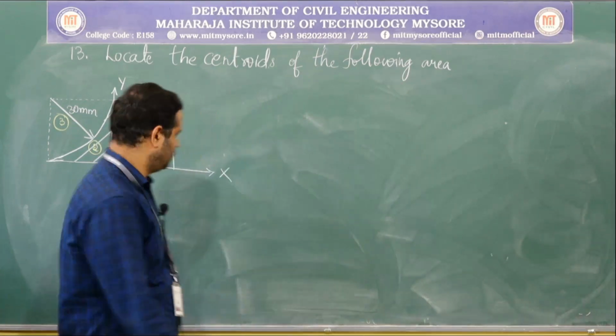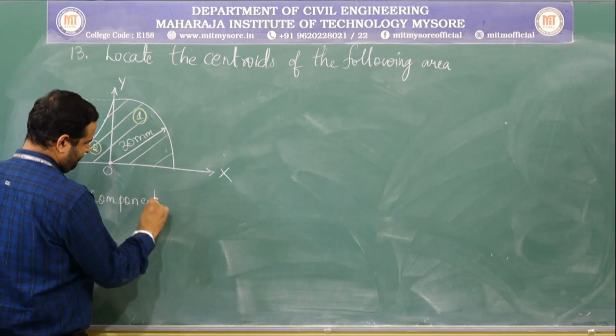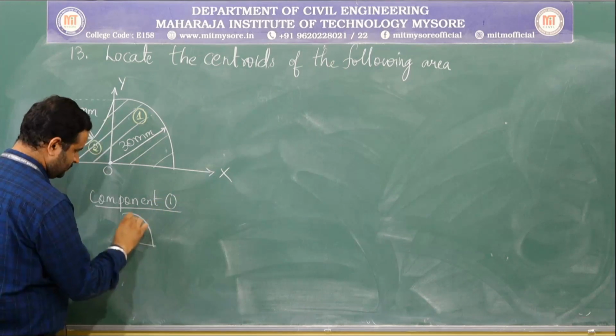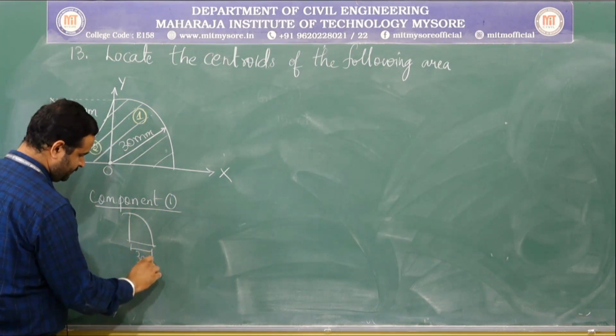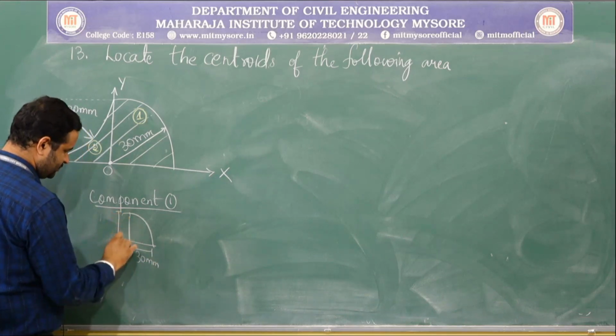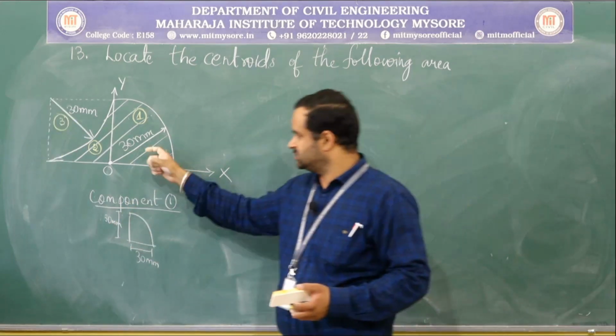So, let me start. Component 1 of radius 30 mm, this will also be equal to 30 mm. It is also a quadrant.